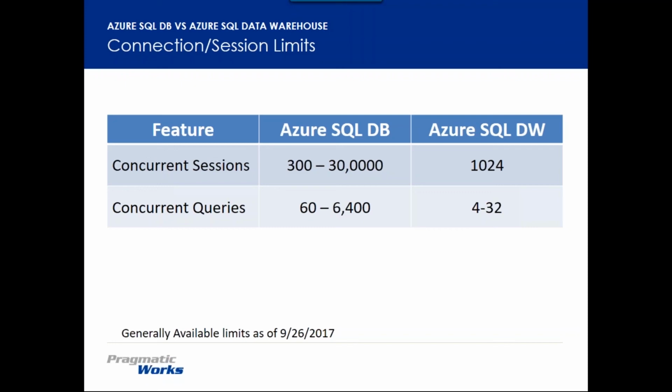And if you think about the workload of the two types of databases, it kind of makes sense. In the Azure SQL Data Warehouse, you might be running fewer queries, but you are processing and reading massive amounts of data. Whereas in the database, if we're thinking about an application or an OLTP process, you may have many queries, but they each may only be referencing a small segment of data.